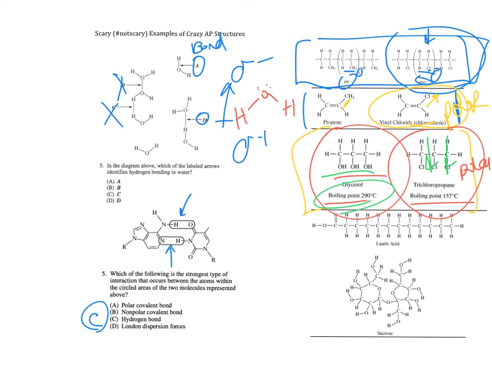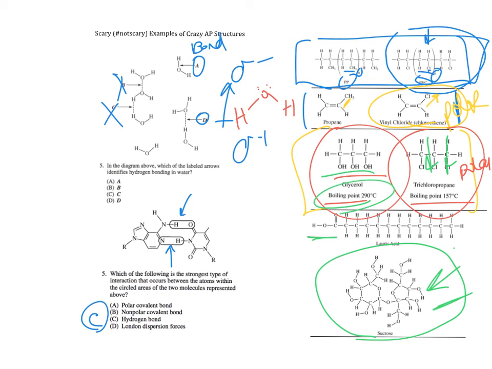On this question, if you notice, the main difference between these two molecules is, first off, sucrose has a lot of areas for hydrogen bonding, right? So it could be a question asking which is more soluble in water, which is what I think the question was about, if I remember correctly. Sucrose has all sorts of hydrogen bonding sites, making it more soluble than lauric acid.